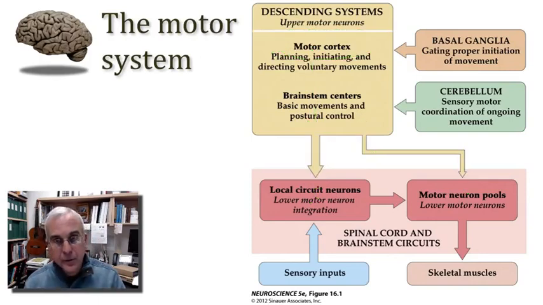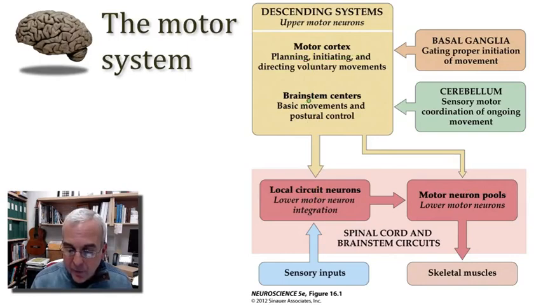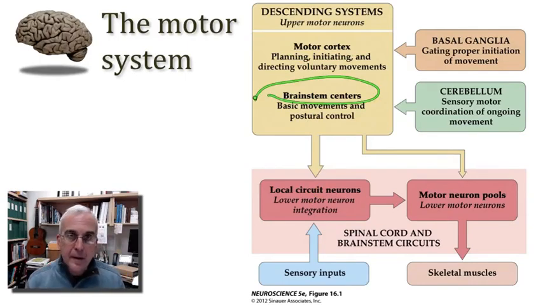Now, in addition to the motor cortex, there are also upper motor neurons in the brainstem. And these motor neurons are involved in setting the stage for the execution of voluntary movement. Much of the voluntary movement that we make, we can think of as the expression of skill. Consider, for example, typing on a keyboard, using a pen or a pencil or some other writing implement, performing dance, or playing a musical instrument.